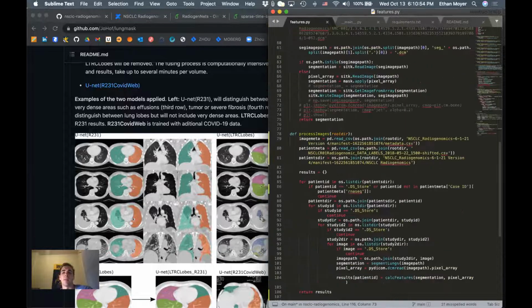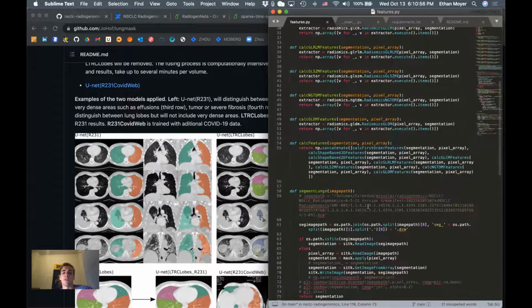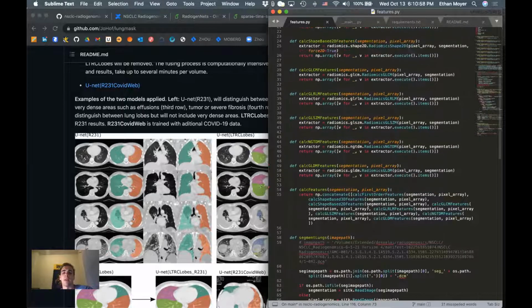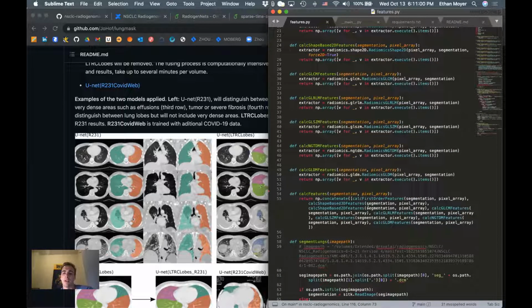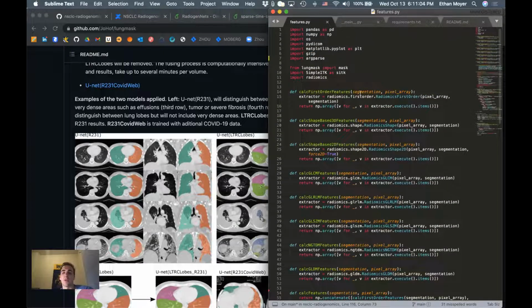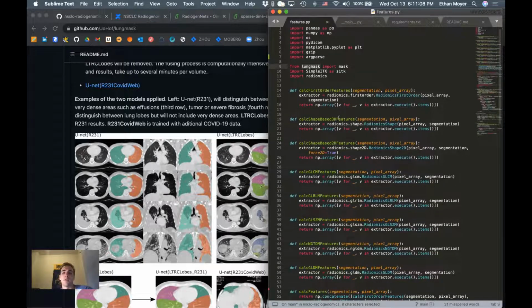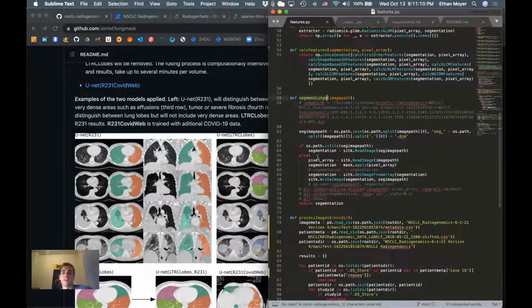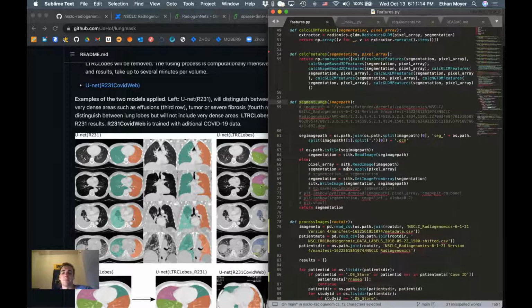But the main part, and I knew this was going to be the most challenging, is how do you get features out of the image itself? The method we're using is this Lungmask Python project to segment the image. So we have a segment lungs function, and it applies basically a mask.